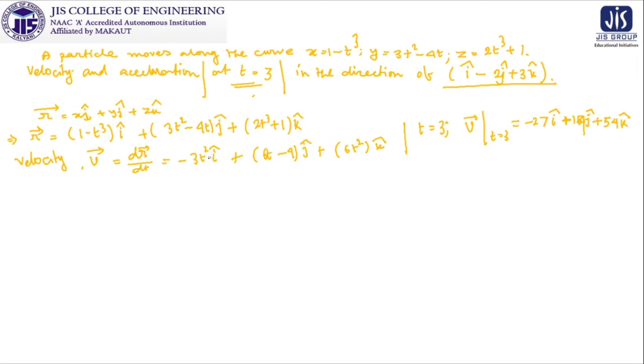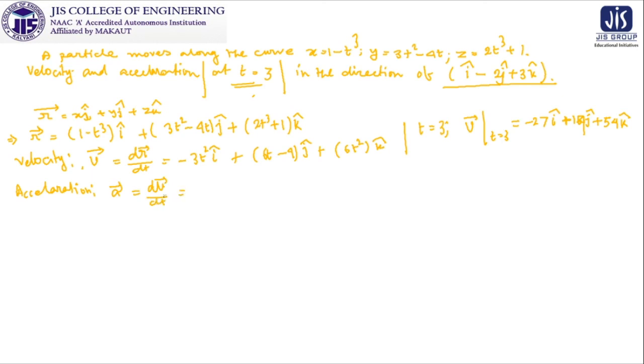So velocity at t equal to 3 is calculated, but we have to go one step ahead. We have to find it in the direction of this one. But before that, we are calculating the acceleration. We know that a is dv/dt.